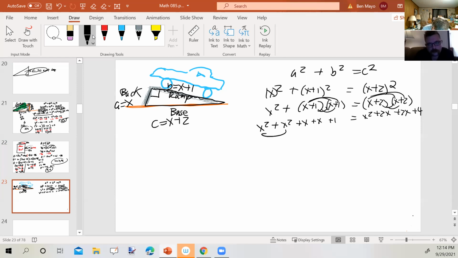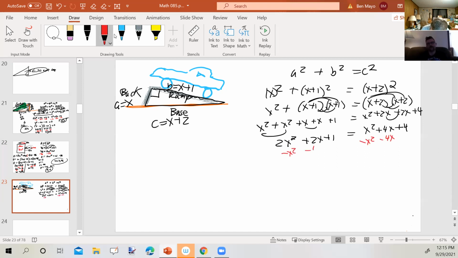Combining like terms, we've got 2X squared plus 2X plus 1 equals X squared plus 4X plus 4. I'm going to shove everything over to the left side of the equation, so my leading term will have a positive coefficient. I'm going to subtract X squared from both sides, subtract 4X from both sides, and subtract 4 from both sides. On the left, I get X squared minus 2X minus 3 equals 0.